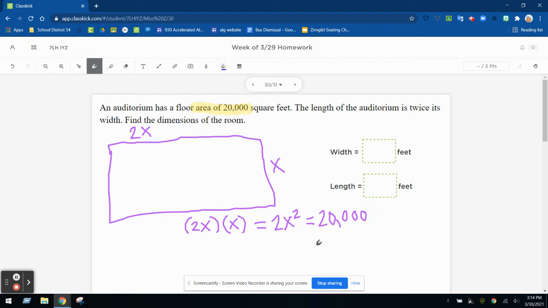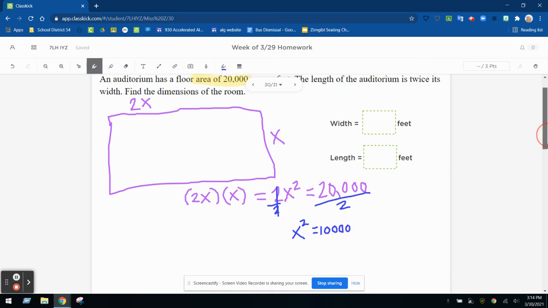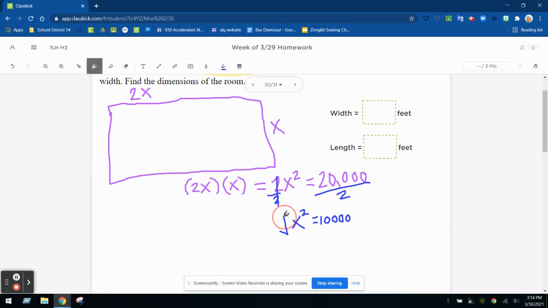Let's divide by 2 to get x squared equals 10,000. And we will take the square root to get x equals plus or minus 100.